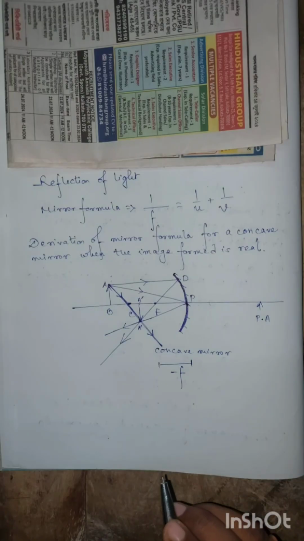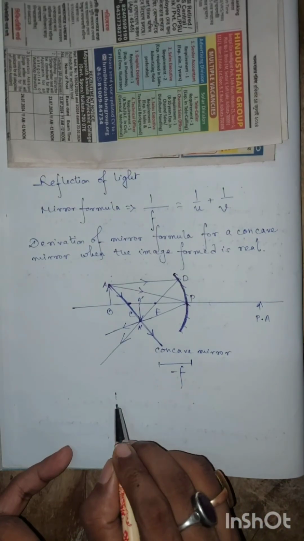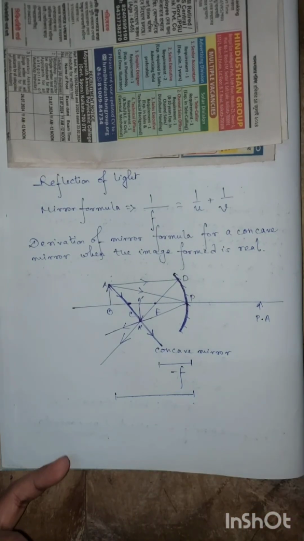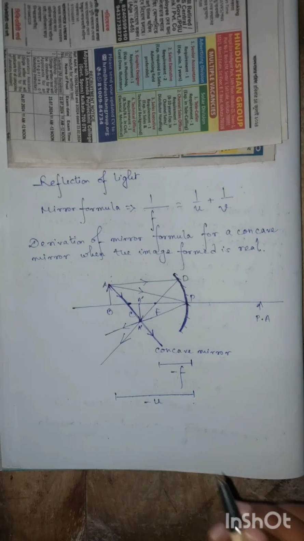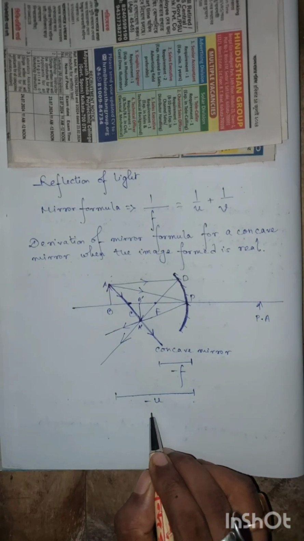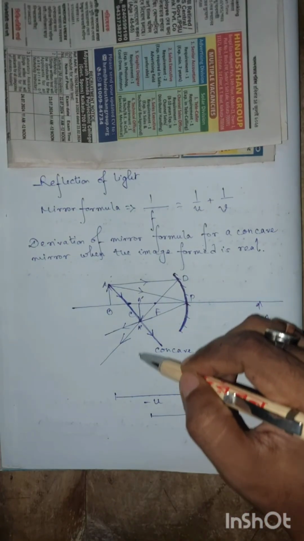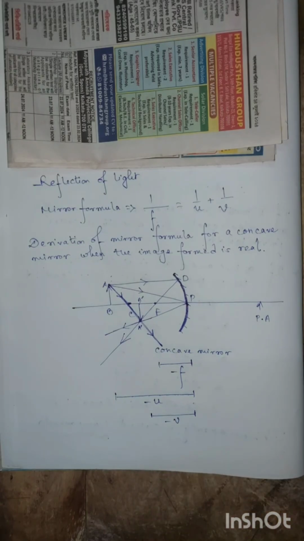Now the object distance, this distance is the object distance, which is also negative, and the image distance, which is minus v.